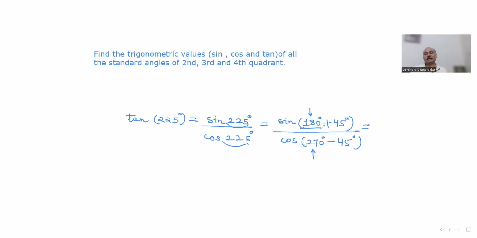When the reference angle is even, sine remains sine. So this is sine 45 degrees. When it is odd, cos becomes sine. So this is sine 45 degrees again. So this is 1 over root 2 by 1 over root 2, and it cancels. This is 1. Clear?